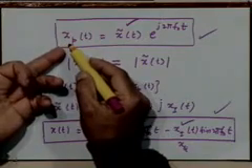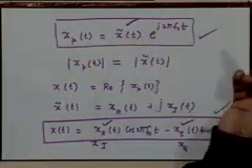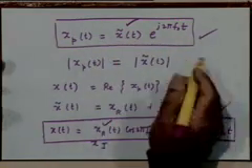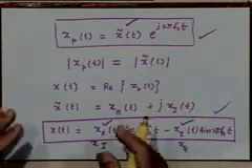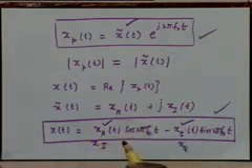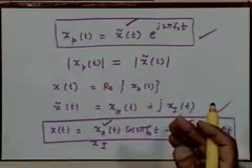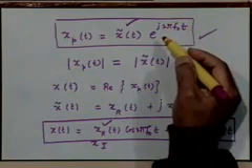Certainly x_p(t) will change, but the information bearing part will still be the same. So this representation is extremely powerful, and as far as my analysis is concerned, I could do most of it without even worrying about this part.